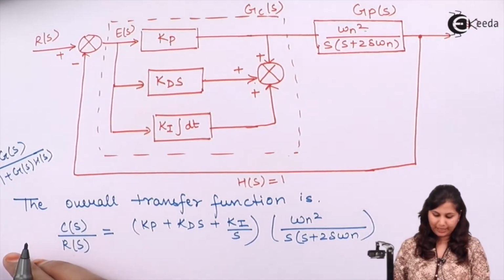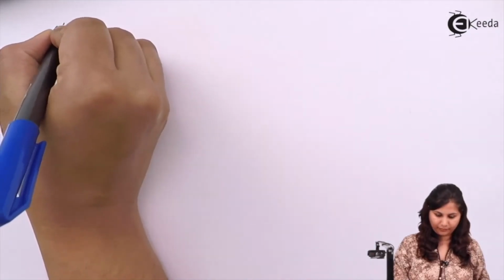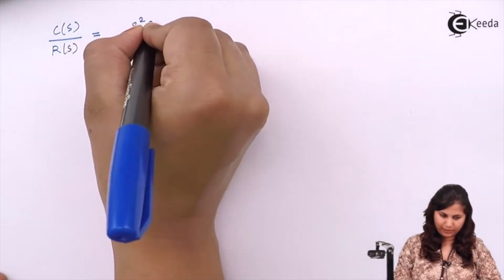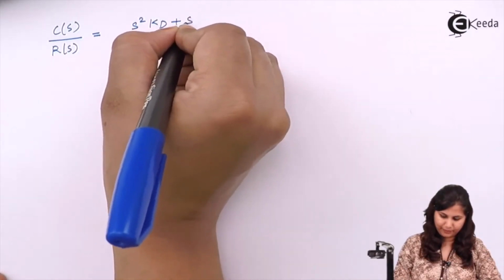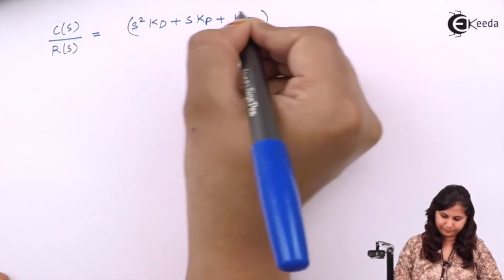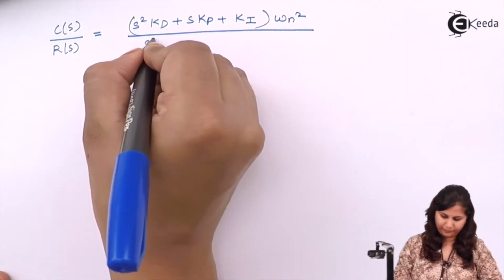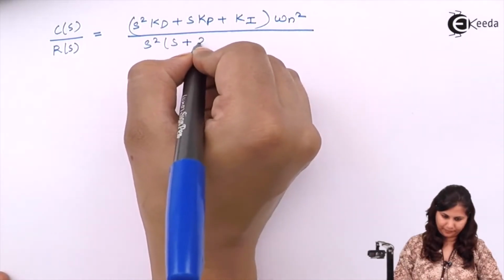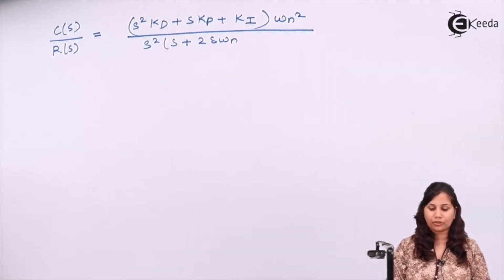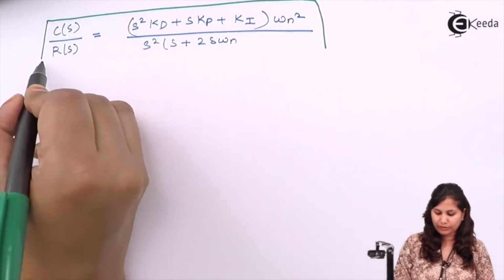So this C(s) by R(s) will become s square KD plus s KP plus KI. So this is the complete transfer function of the system which is having the PID controller in it.